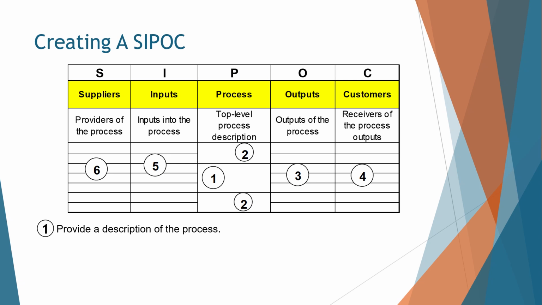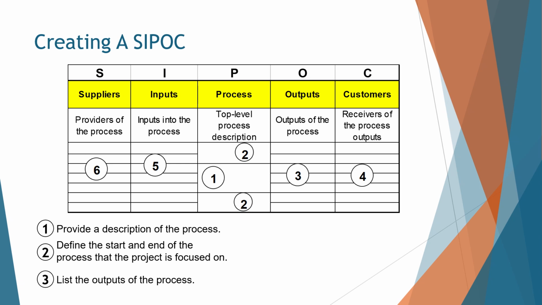One, provide a description of the process. 2, define the start and end of the process that the project is focused on. 3, list the outputs of the process. 4, list the customers of each process output.